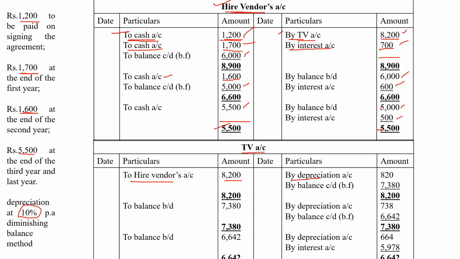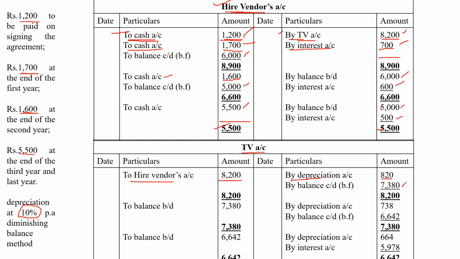So 8,200 is the cost of the asset. 8,200 into 10% will give you 820 as depreciation for the first year. Tally the account, find the balancing figure. That's all. Only two entries: to hire vendor account, and by depreciation account in the first year.